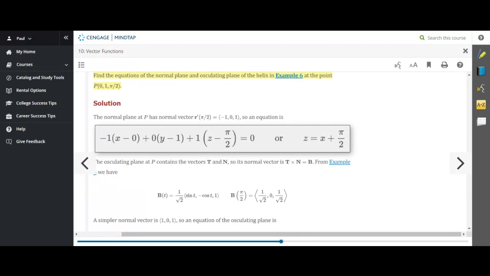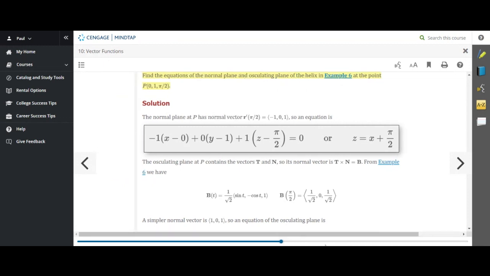So the point is 0, 1, pi over 2. And then you see how they have the -1, 0, and 1, those components there for the normal vector to the plane. And then they get the equation of the normal plane. Are there any questions on that?